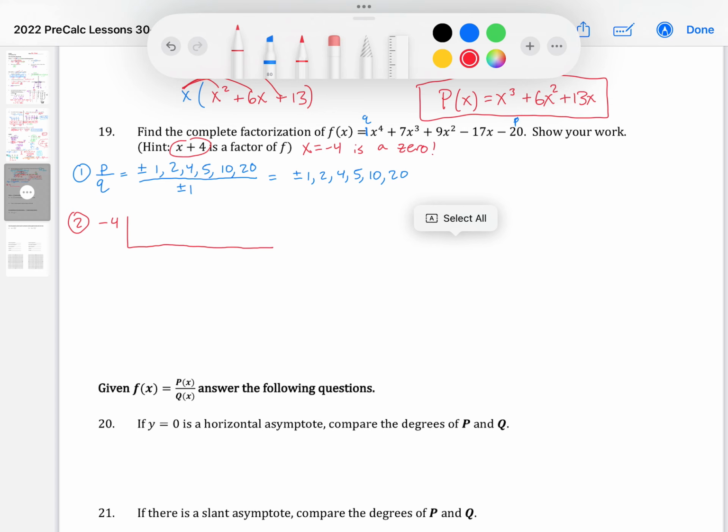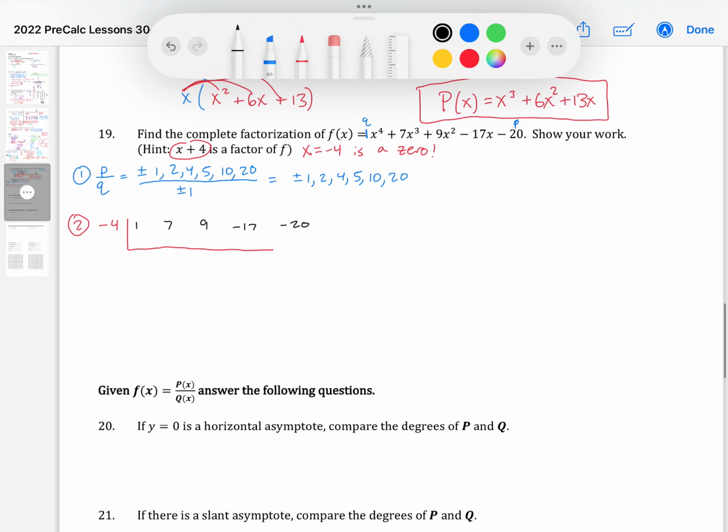Now I put my coefficients of this polynomial, which are 1, 7, 9, negative 17, and negative 20. All right, if I do my synthetic division, I will get this leftover polynomial here.